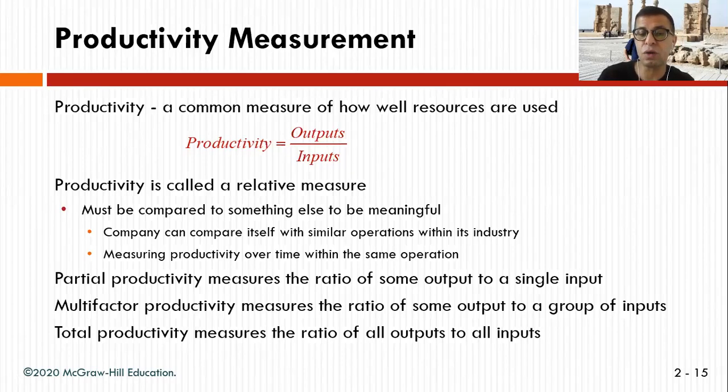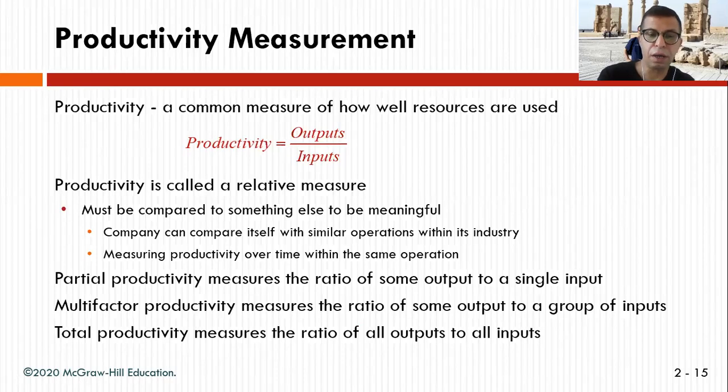Productivity is called a relative measure. As we said, you have to compare it to the productivity of other factories, or to yesterday or last year, to see how it has improved. So there should be some benchmark that you can compare against. It must be compared to something else to be meaningful.